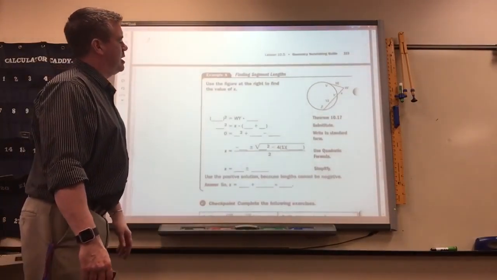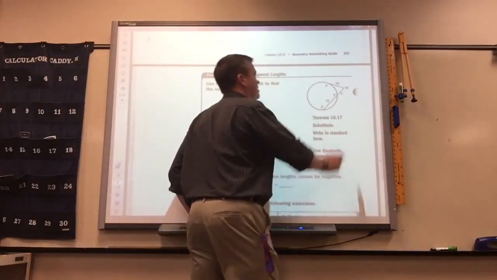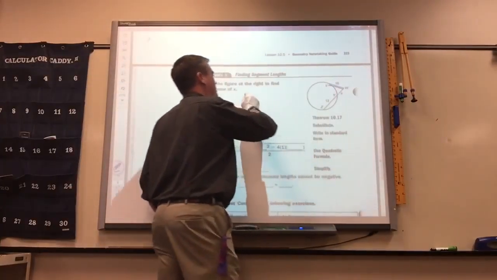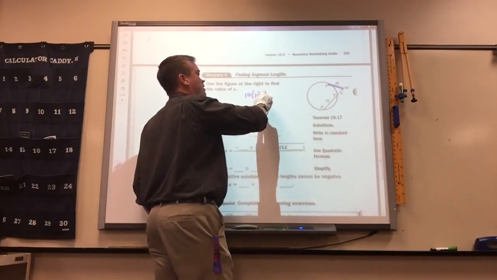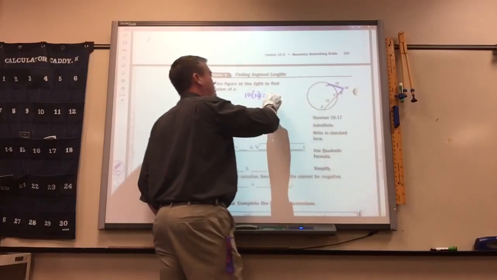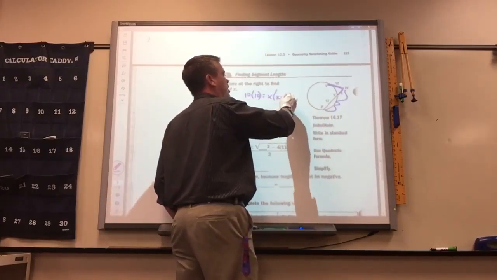So this is one where the quadratic formula would have to be used because the outside times the entire length, which is just 10, equals the outside times what's the entire length? X plus 12.